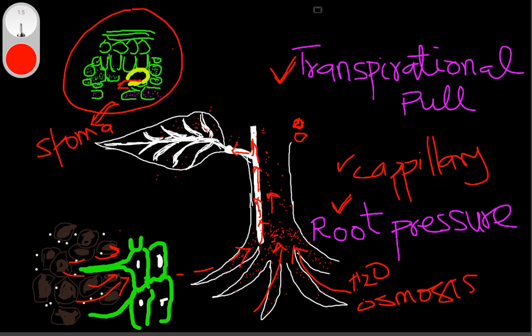All right, now your next question will be, how does it transport mineral salts? Transportation of mineral salts requires an active pump. It does not have to do all this, although some minerals in very minute quantity can be transported via this root pressure and transpirational pull, because some minerals can be within the water.